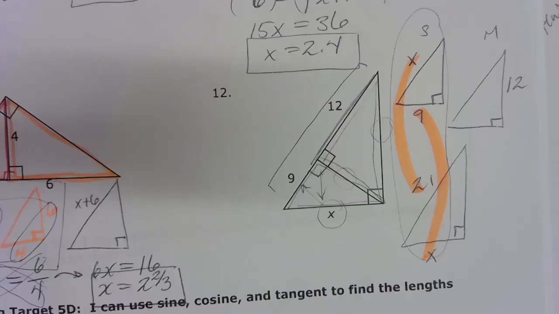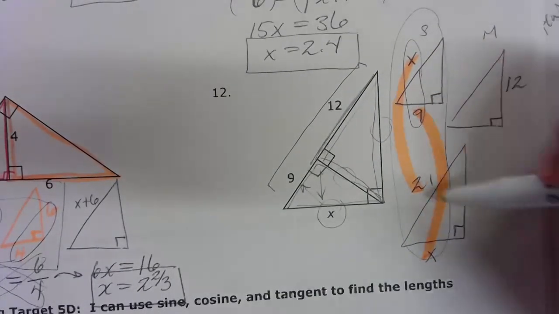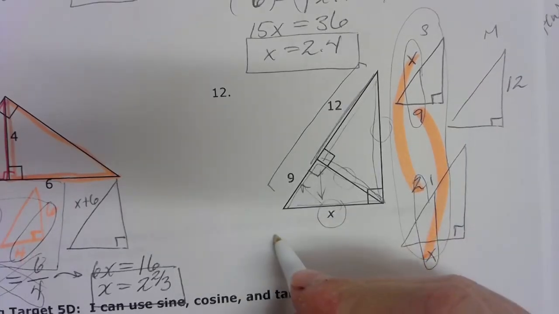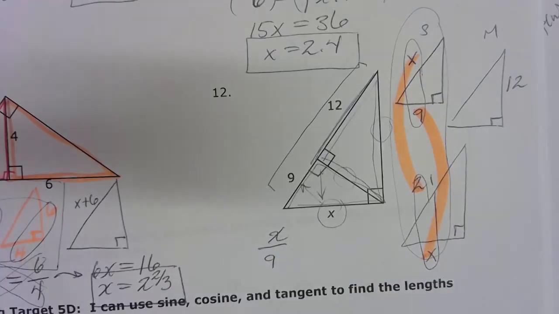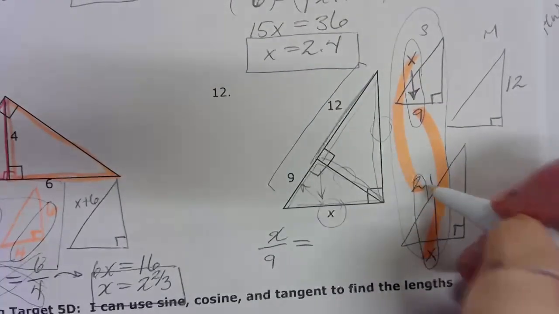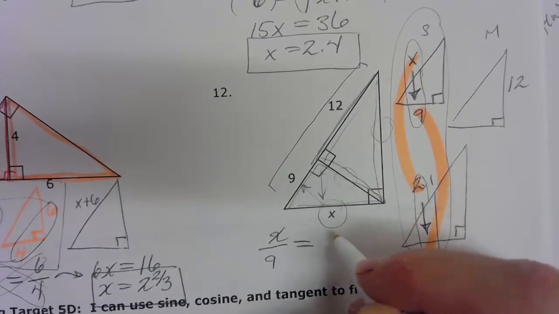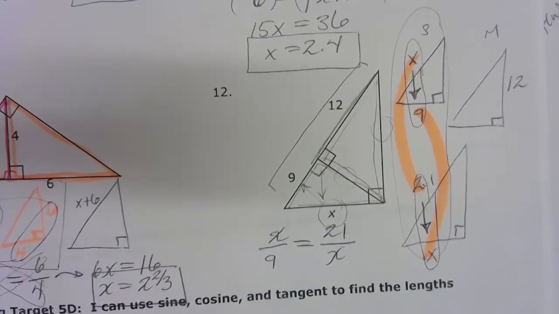So I'm going to say the ratio between x and 9 must be the same as the ratio from 21 to x. How fascinating.